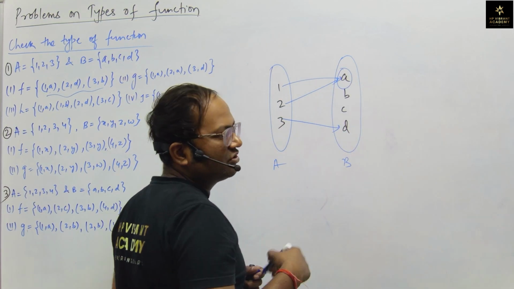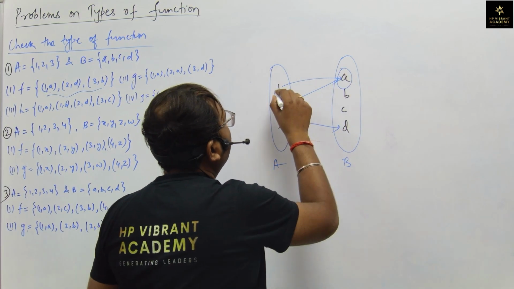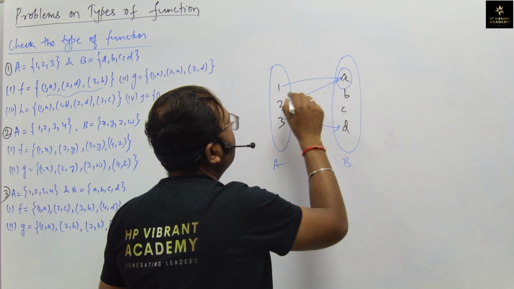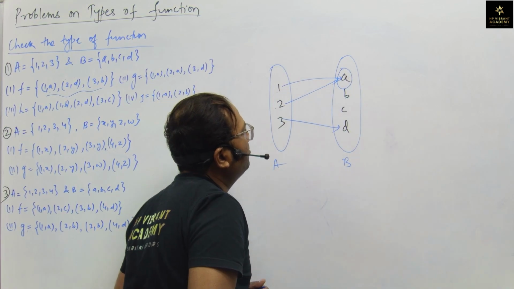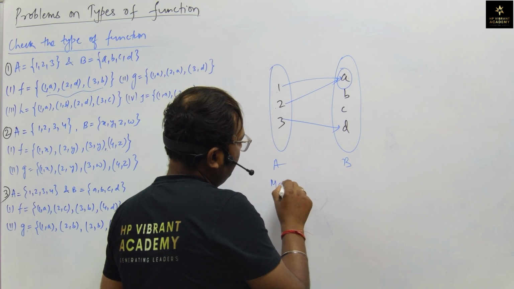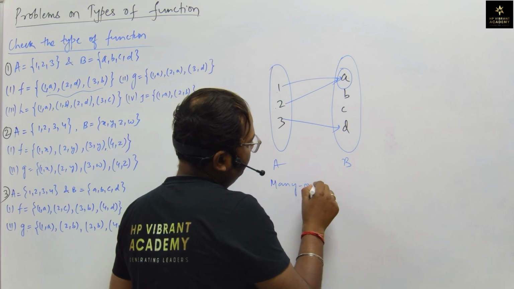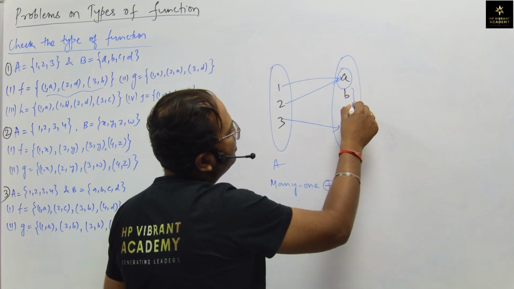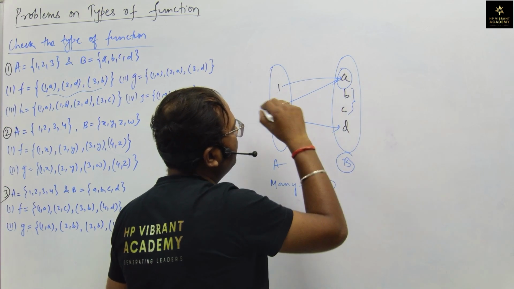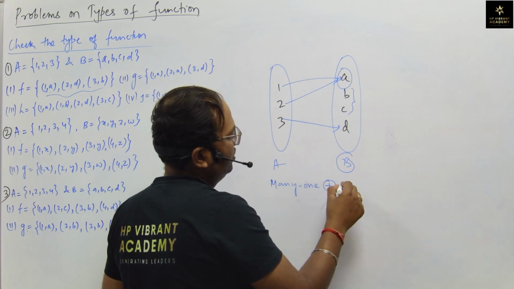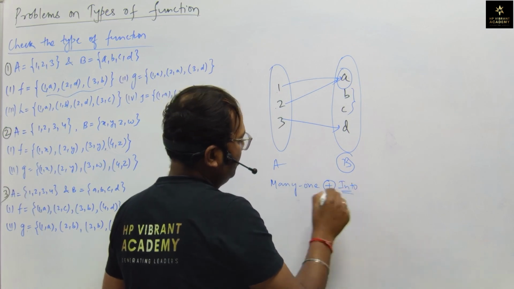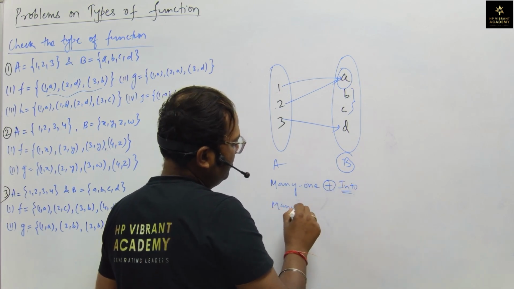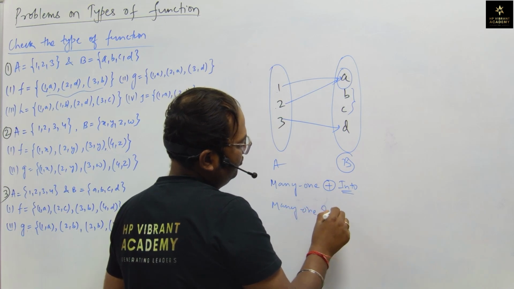As per the definition of a many-one function, 1 is mapped to A and 2 is mapped to A, so this is a many-one function. Additionally, there are two elements in set B which do not have any pre-image in set A, so this is into, as per definition. So this is a many-one into function.